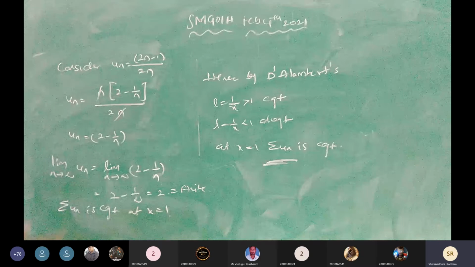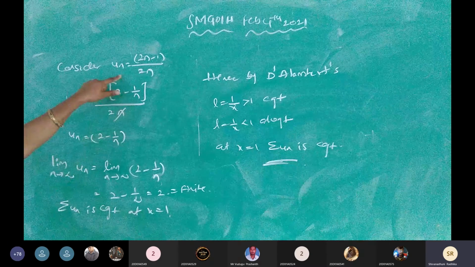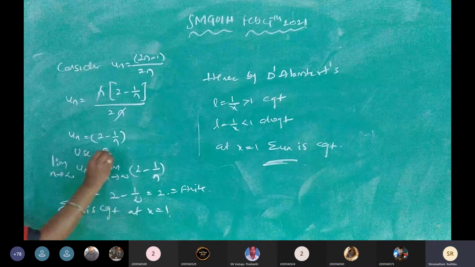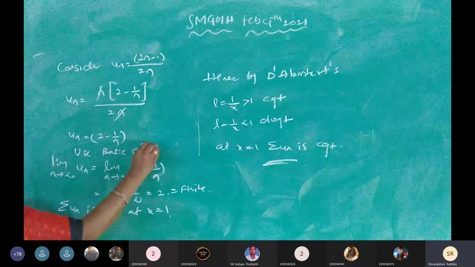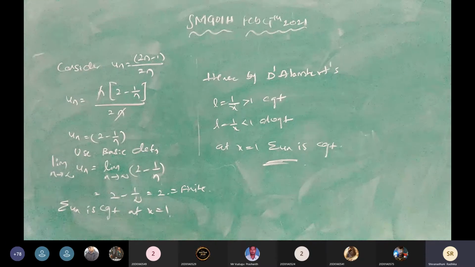Okay, so this is a sub-problem at the point x equals to 1. We need to find whether the summation of un is convergent or divergent using the basic definition. What is the basic definition? Already the introduction class is completed. When we apply the limit function to any sequence and get a finite value, that is convergent.